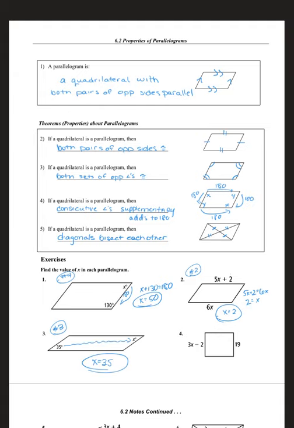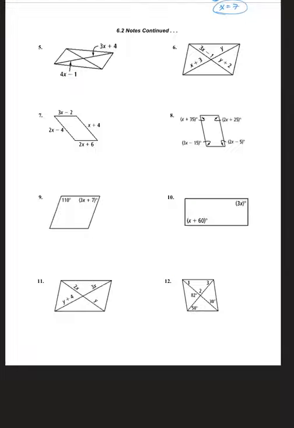Number 4 again is dealing with opposite sides, so that's rule number 2, which means they have to be congruent, equal to each other. So we add 2 to both sides, 3x equals 21, and divide by 3, we get x equals 7.